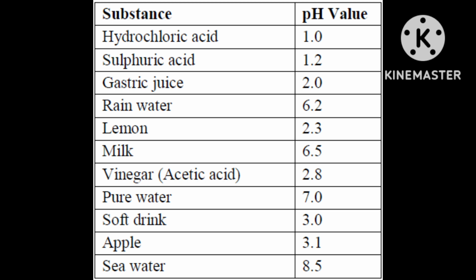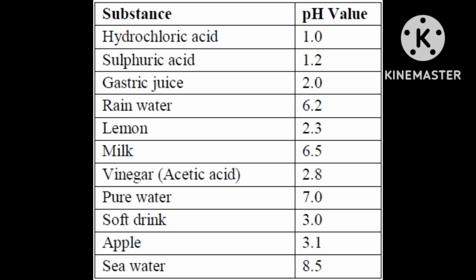Ammonium was the acid, now it became a base. And H2O has taken H plus, so it became the hydronium ion. NH4 plus became NH3 and H2O became the hydronium ion.